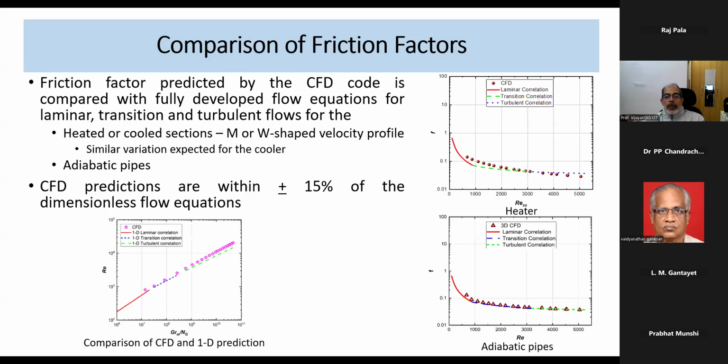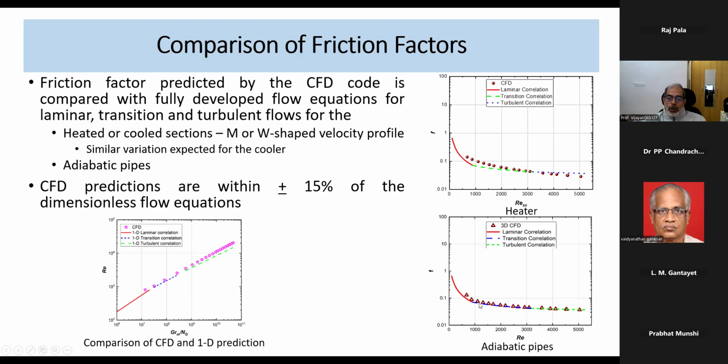Now, if you look at the friction factor data, in the heater, that is where the M-shaped profile is there. And we find it is much different from the parabolic velocity profile, and from the laminar, transition and turbulent velocity profiles that we normally get. So there is some deviation.